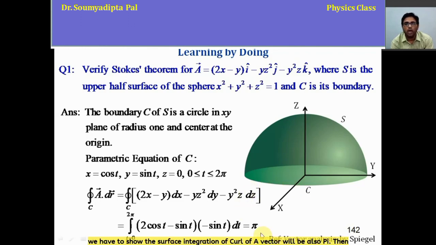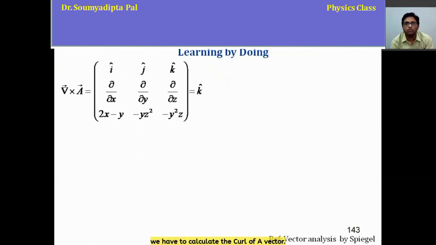Now we have to show the surface integration of the curl of the vector will also be π. Then only we can tell the Stokes theorem is verified, right? So for that, first we have to calculate the curl of the vector. And if we do the calculation, it will give us k cap.